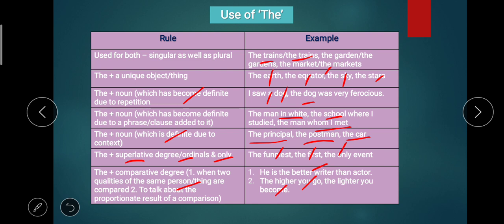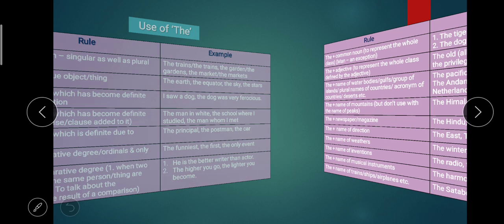So this is proportionate impact. The same way, the deeper the well, the sweeter the water. So in such types of comparisons also, we use "the" with the comparative degree. Only two situations are there. Otherwise, we use "the" before the superlative degrees only.